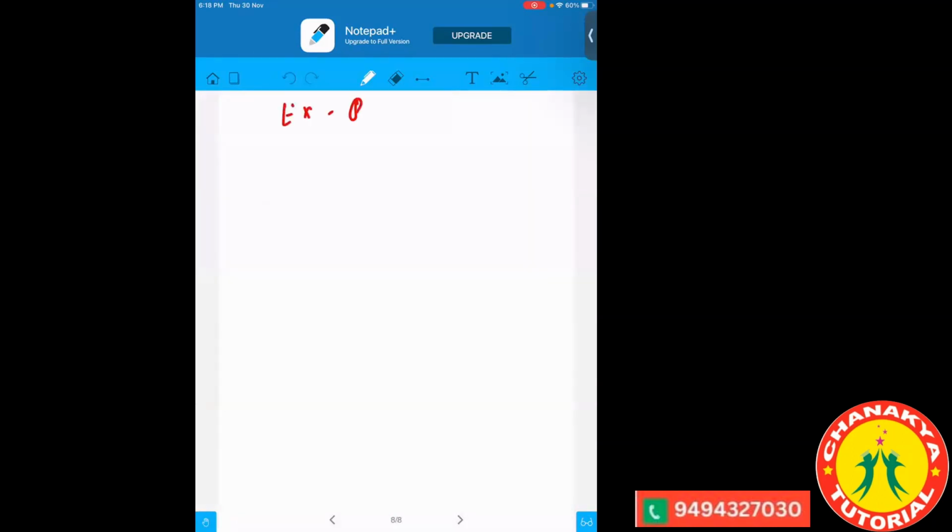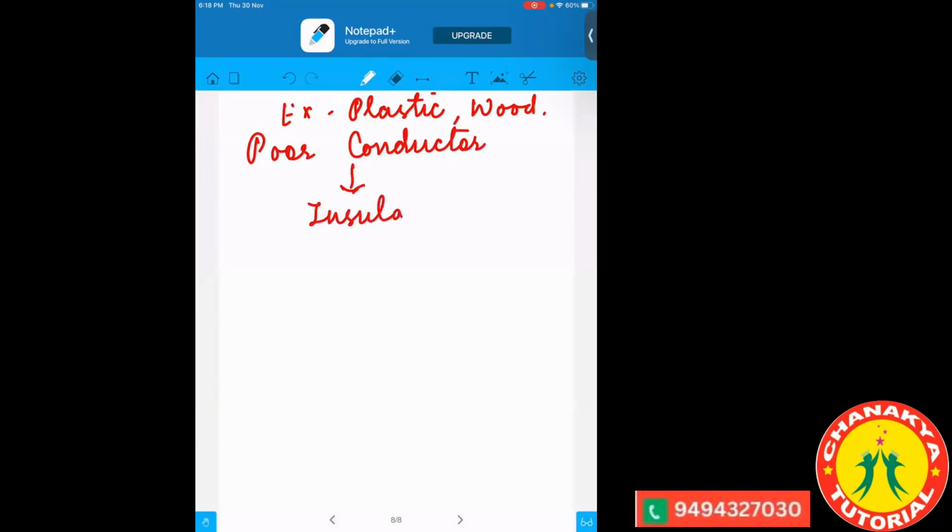Example, plastic. Now, if we try to make plastic conduct the heat, it cannot. Then wood also is a poor conductor of heat. And these poor conductors are also called insulators. So plastic is an insulator, wood is an insulator. All the poor or bad conductors are known as insulators.